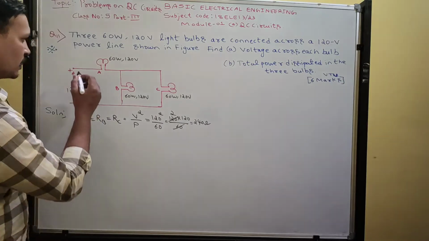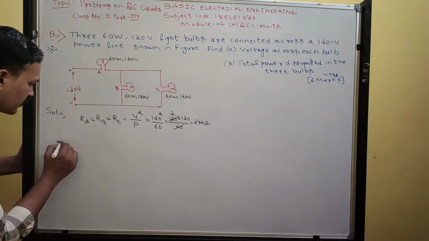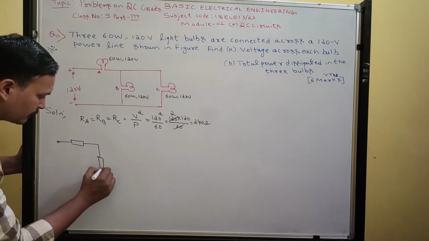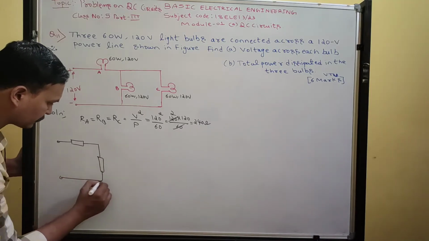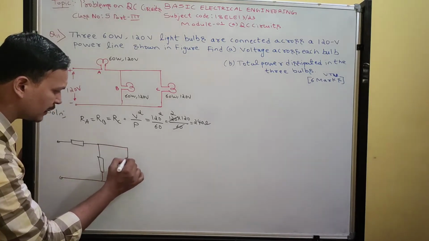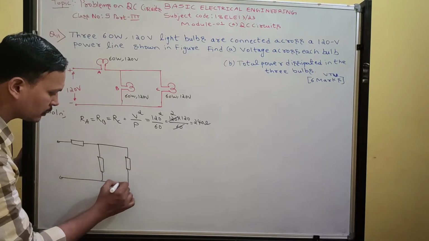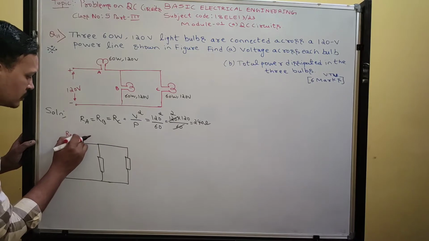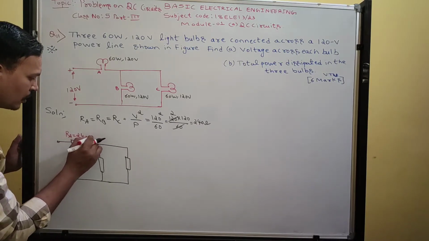Got it? So now draw the resistive circuit. The resistance of bulb A, bulb B and bulb C are all the same. This is the resistance of bulb A, how much? 240 ohms.